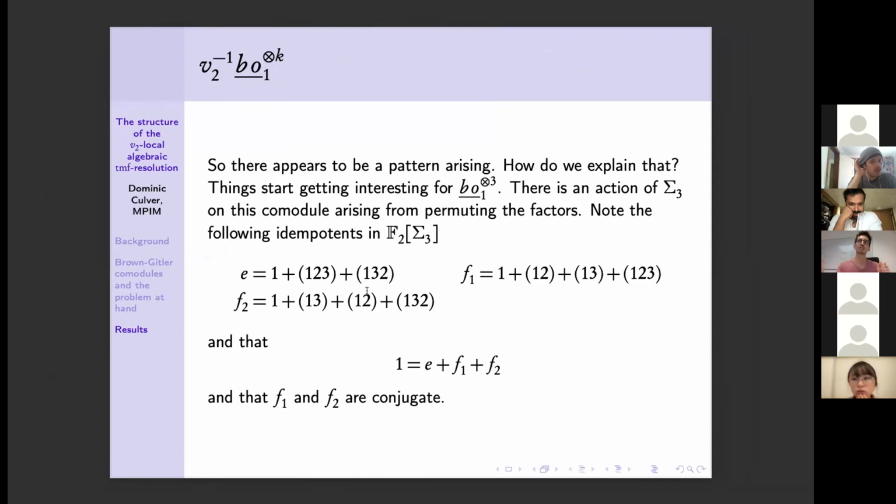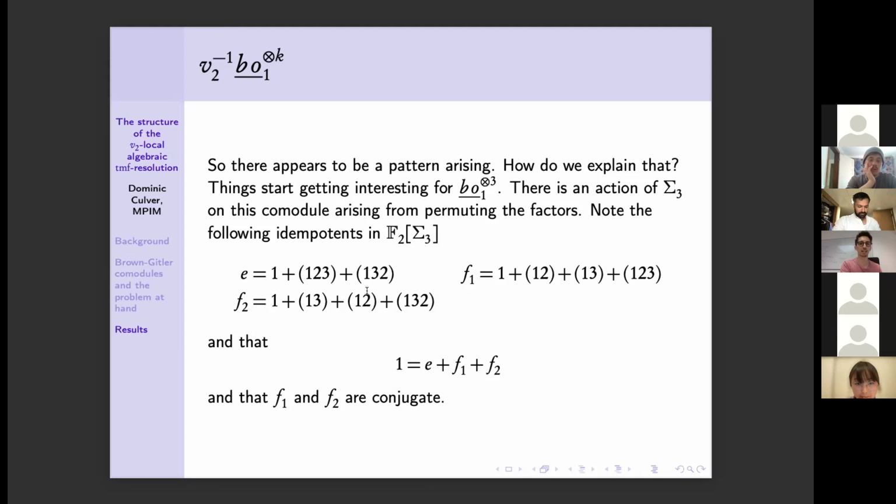So that makes it a module over the group ring of sigma 3. That's really useful because it helps you find a decomposition of this comodule. One way to do that is to find idempotents inside the group ring which sum up to 1; those give you projection operators and a decomposition.